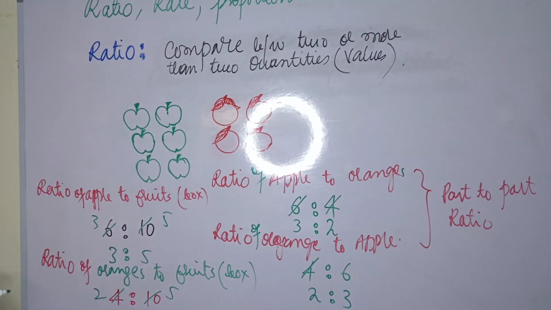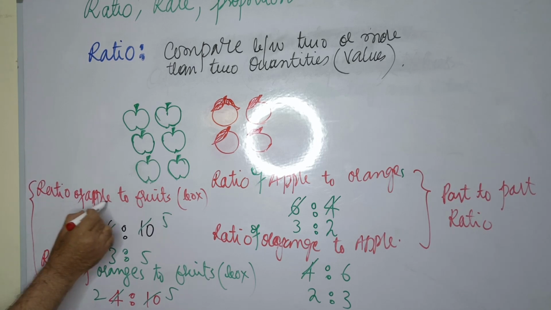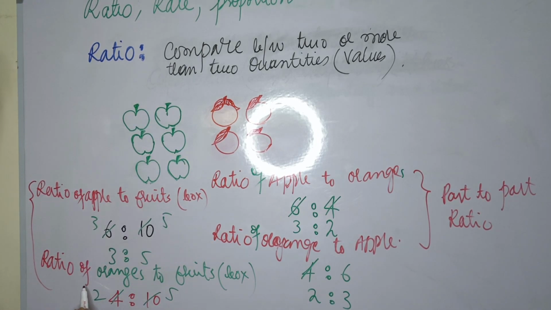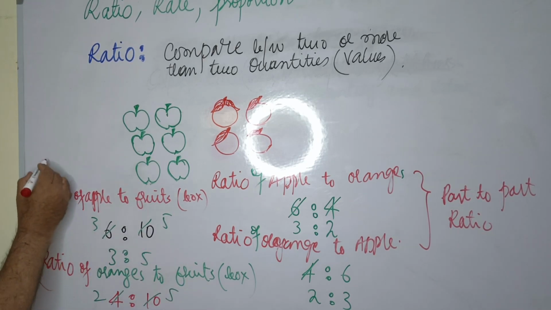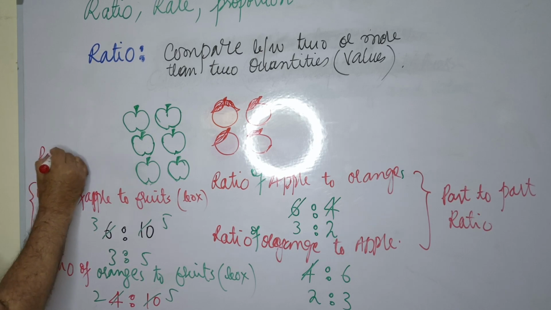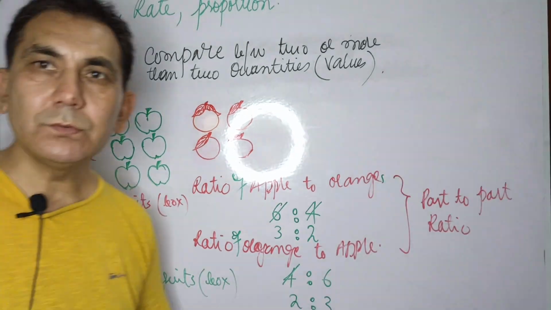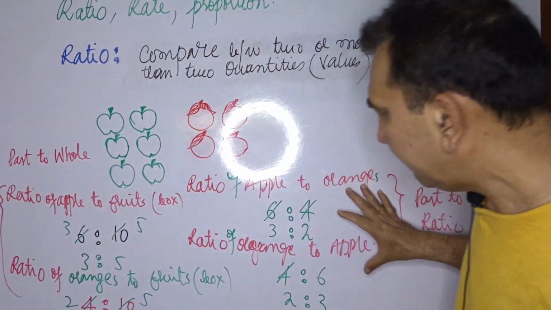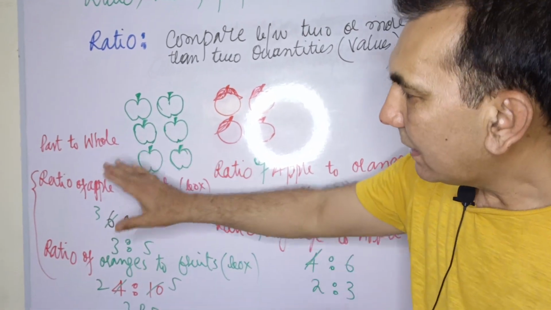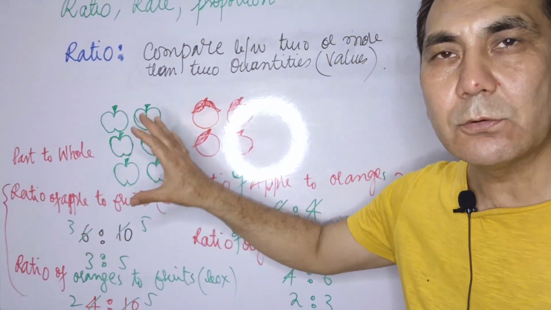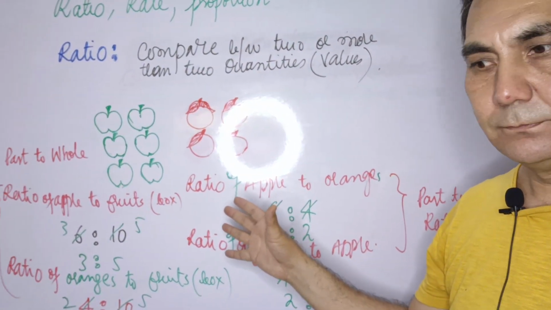Now both ratios which we calculated, the apple to the fruit basket and the orange to the fruit basket or box, are in the part to whole format. In the first we calculated the ratio between parts and parts, and in this method we calculated the ratio between the parts and the whole.